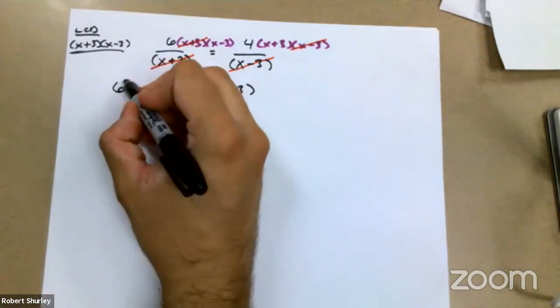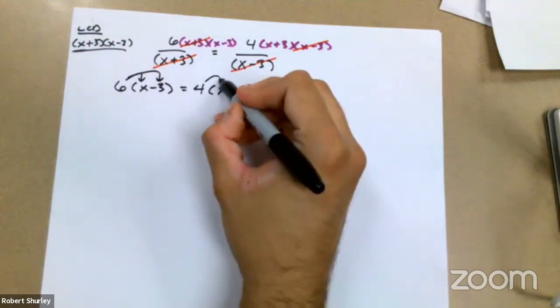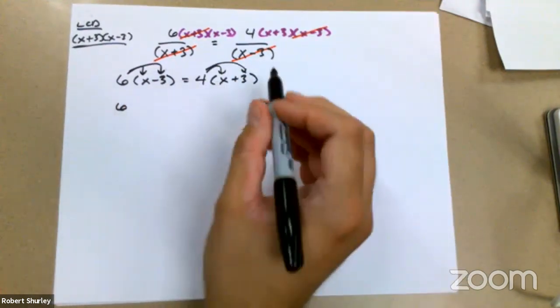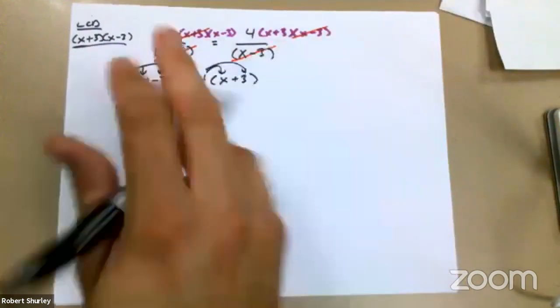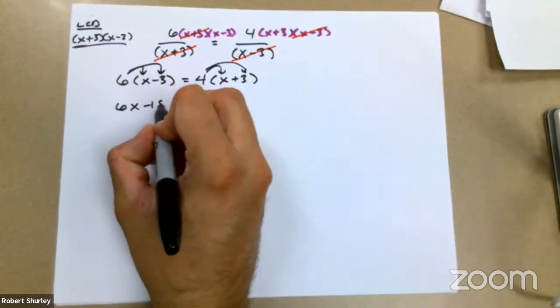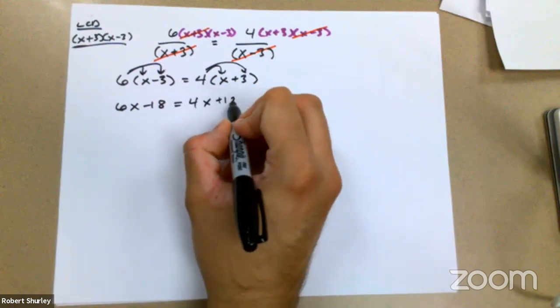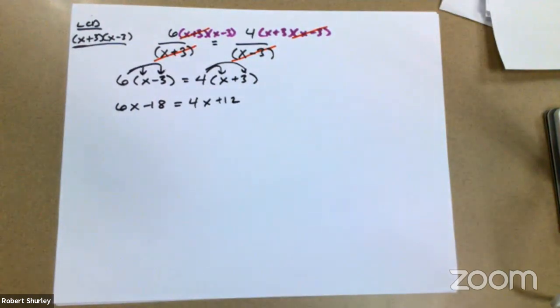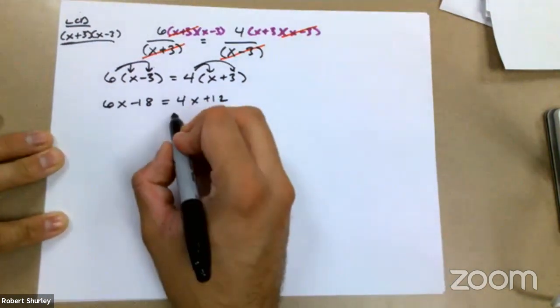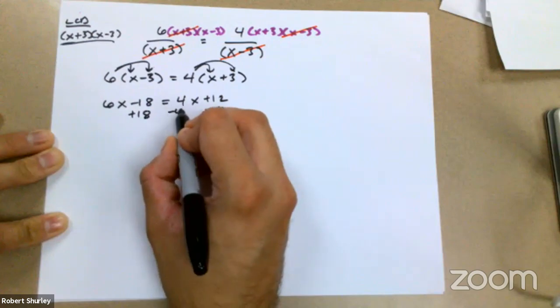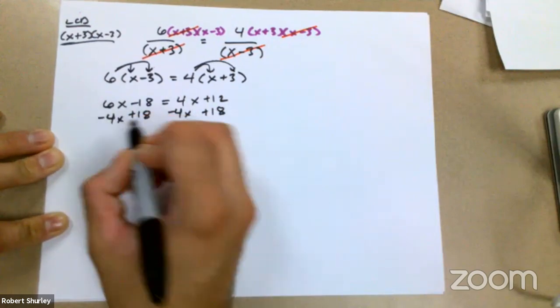And then distribute the 6, distribute the 4. We didn't state the restrictions, we'll worry about that later. So we get 6x minus 18 equals 4x plus 12. And then let's move the number over to the right and the variable over to the left, just do that in one step.